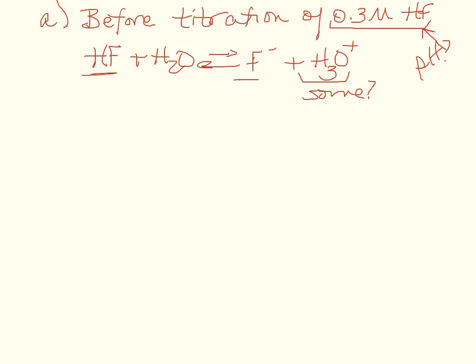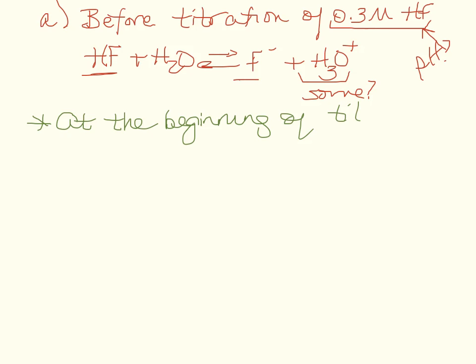So this is an ICE table. I would say at the beginning, a rule to write down, if you like to do that when you study, is that at the beginning of titration of a weak acid, it is simply an ICE table, weak acid problem.